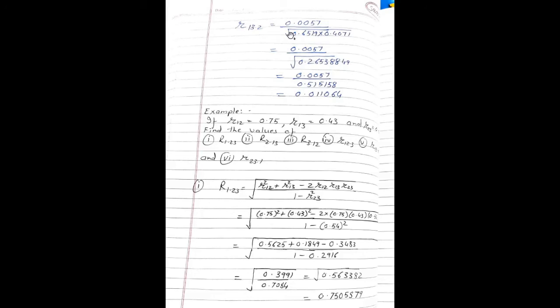Small r 13.2 is equal to 0.0057 divided by 0.6519 into 0.4071, which is equal to 0.0057 divided by square root of 0.26538849.